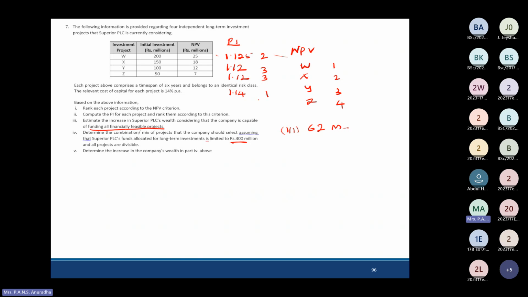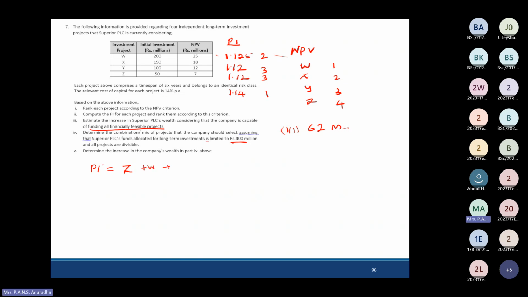Project Z is generating relatively high wealth because its PI index is 1.14. So according to the PI index, project Z is the first. Then we can go to project W.